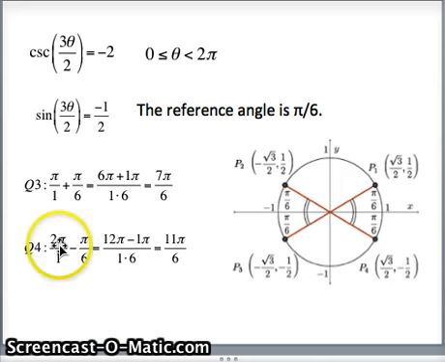So how are we going to do this? 2 pi times 6 minus 1 times pi. 2 pi times 6 is 12 pi, minus 1 times pi is pi, over 1 times 6, and we get 11 pi over 6. So we know then, at least in our first revolution, that the sine of 7 pi over 6 is negative 1/2, and the sine of 11 pi over 6 is negative 1/2.